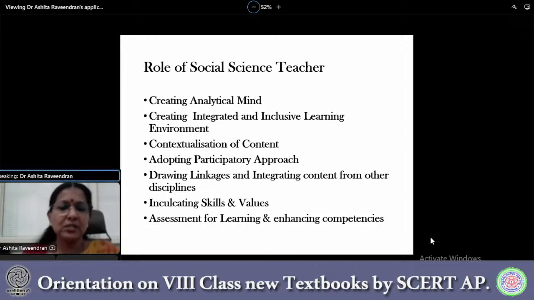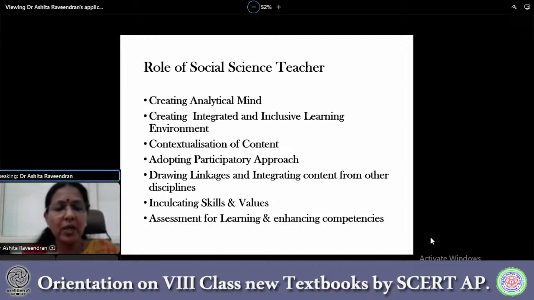As a social science teacher, our main intention when we come to assessment is not to test what they have learned. It is assessment for learning. We need to understand what helps their learning. Our assessment should be targeted at helping the children learn certain things or enhance their competencies.